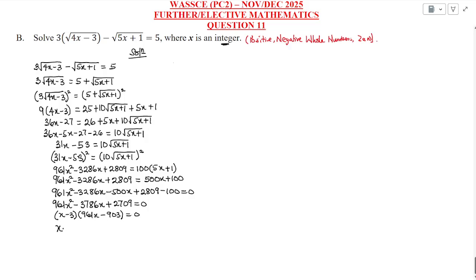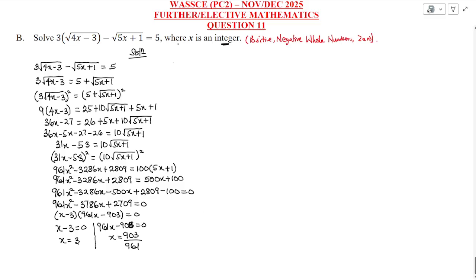When I pick the first factor, x minus 3 equals 0, x gives me positive 3. And when I pick my 961x minus 903 equals 0, I'm going to get x equals 903 divided by 961.